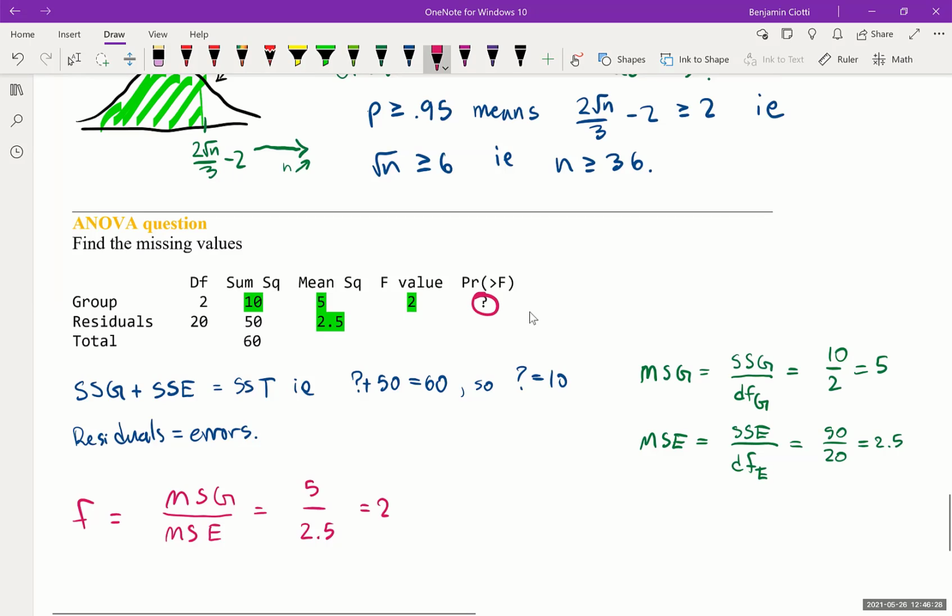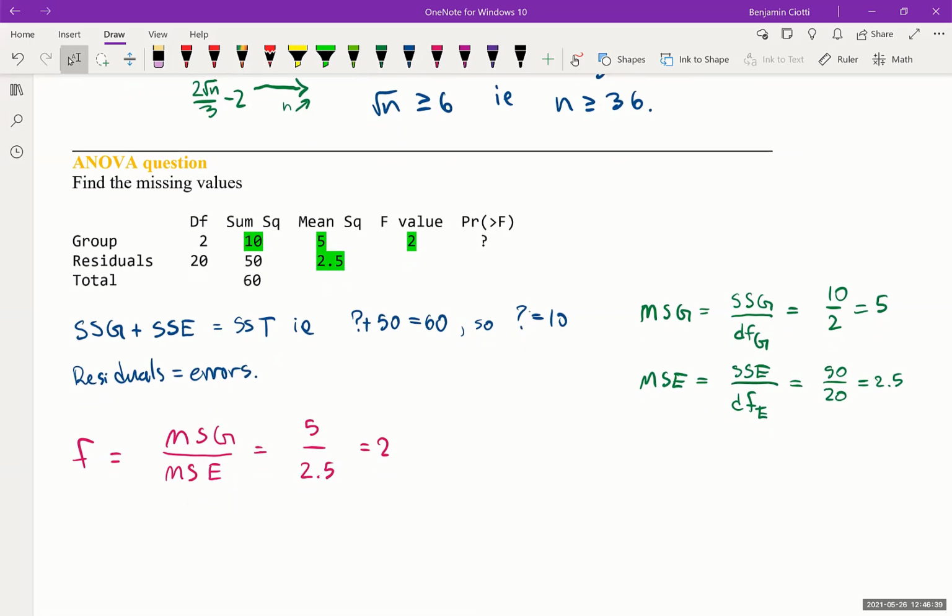And this one we would need R for. Anyone know what you would punch into R to get it? Here, I'll just tell you. So what this one's going to be, let's see if I can remember. Well, the probability on an F distribution of our F statistic, or F value, which is 2, and then you need to list both degrees of freedom, which are 2 and 20.